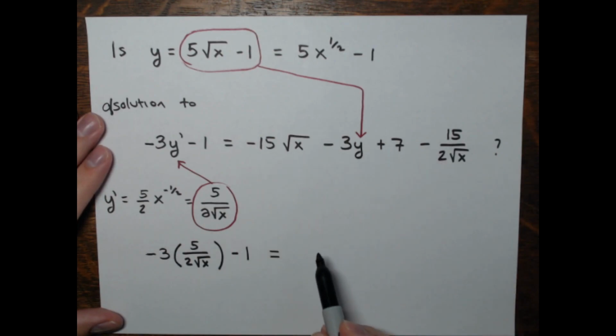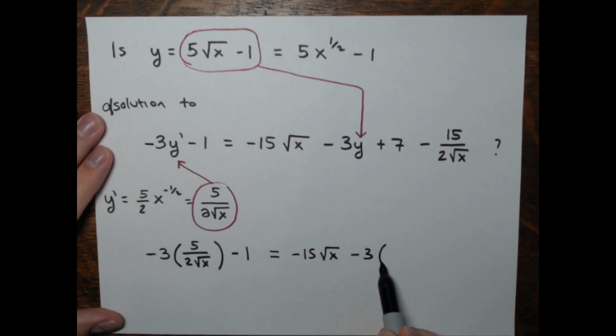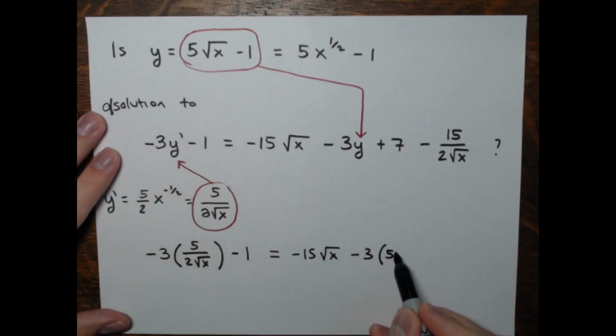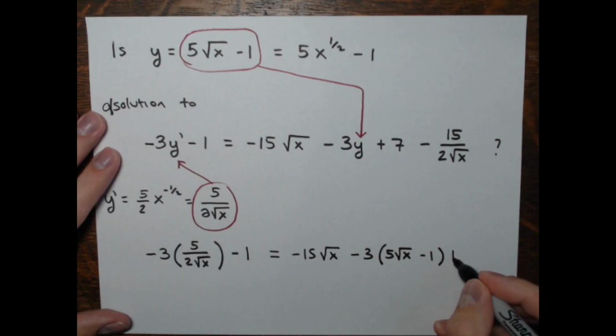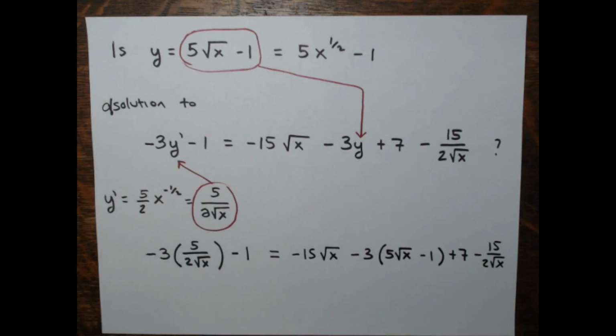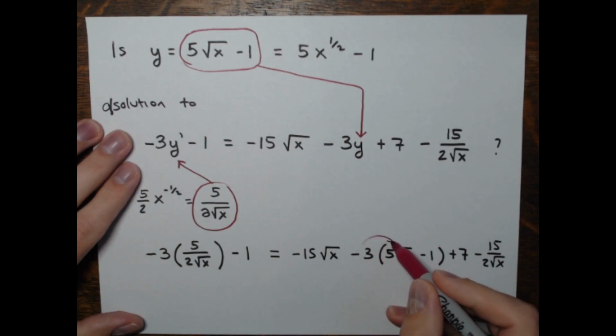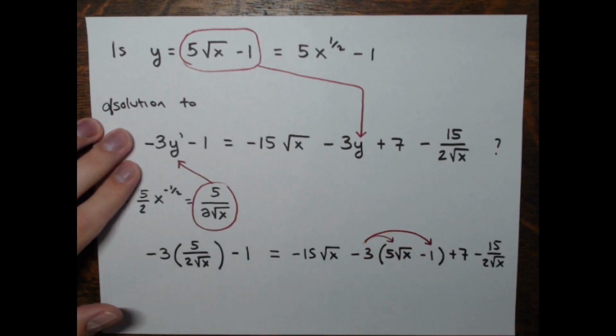On the right side is negative 15 times the square root of x minus 3 times, and then y is this quantity, right? 5 times the square root of x minus 1. That's y. And then you have the rest of it, plus 7 minus 15 divided by 2 square root of x. Okay. Well, now I gotta over here distribute this negative 3, right?